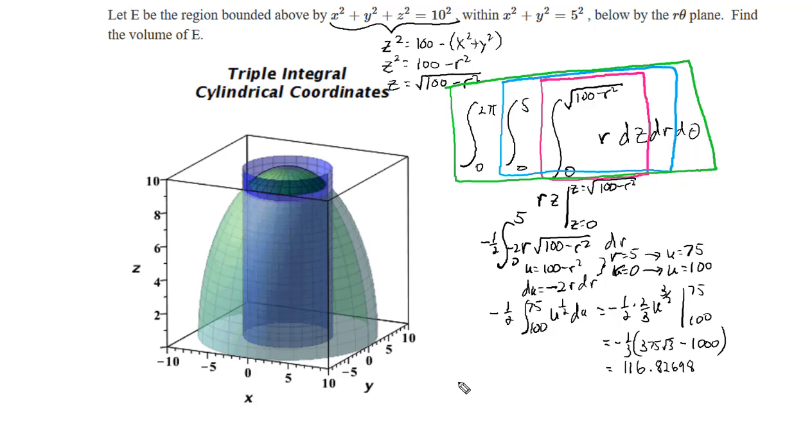So we want the integral from 0 to 2 pi of 116.82698. Now that's just going to be 116.82698 theta, which we will plug in the 0 and the 2 pi. And again, we'll just round them off.